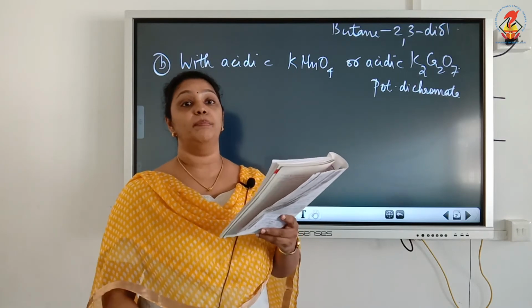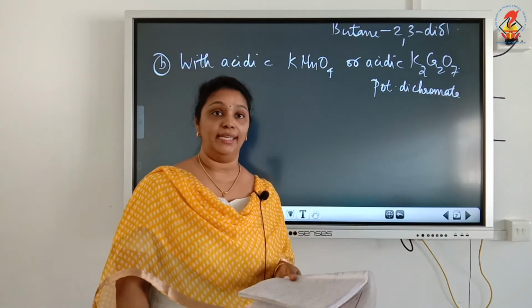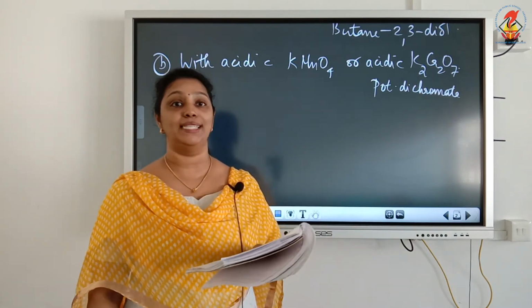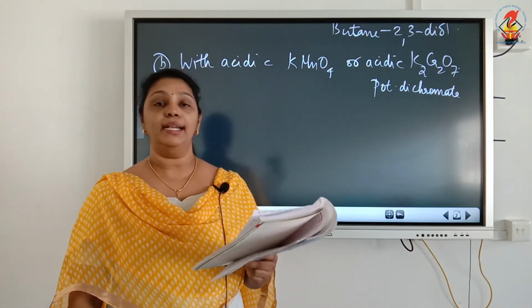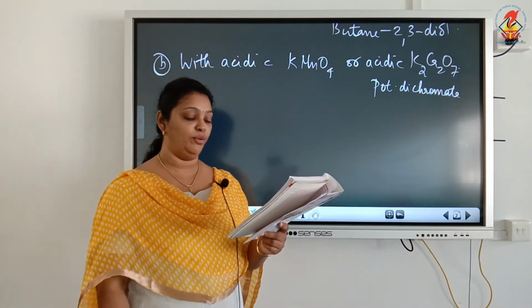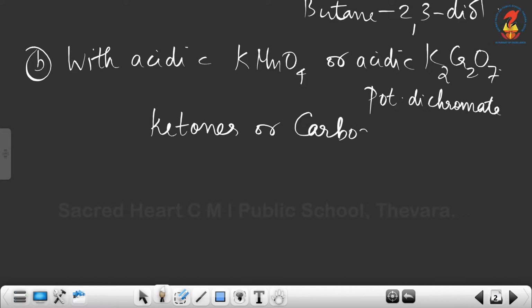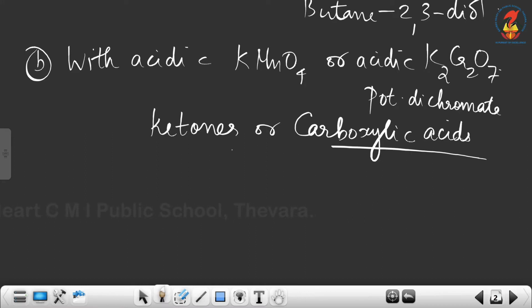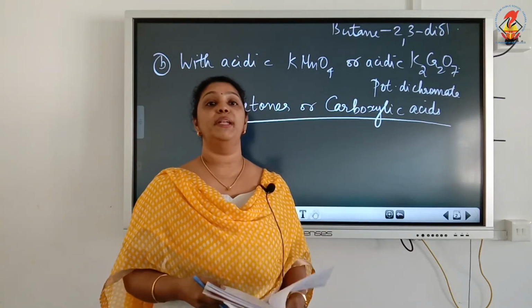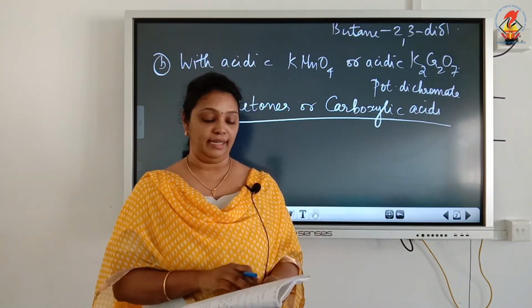Now let's see what are the products of oxidation of alkene with acidic KMnO4 or acidic potassium dichromate. Alkenes on oxidation with acidic KMnO4 or potassium dichromate give ketones or carboxylic acids, depending on the nature of alkene.